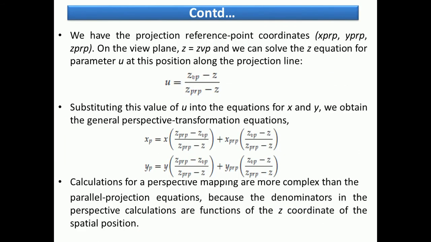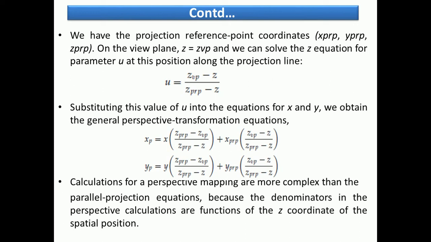We obtain the general perspective transformation equations as xp and yp. So just substitute the value of u here so that you will get generalized perspective transformation equations, that is xp equal to and yp equal to.